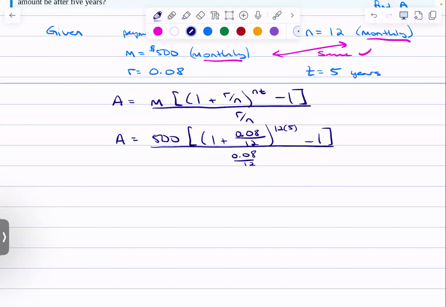I see that I have this 0.08 divided by 12 in here twice. So I'm going to see if this makes a nice number, right? A non-repeating number that I can just replace it with. Okay. And so 0.08 divided by 12, it's not nice.